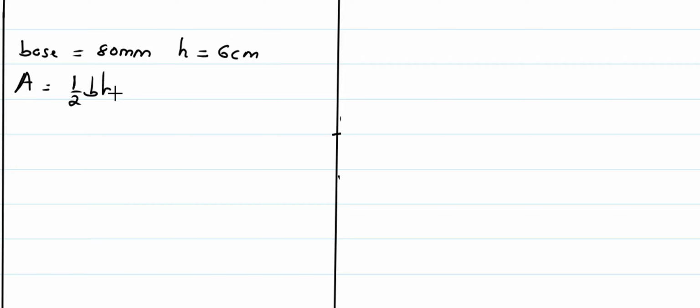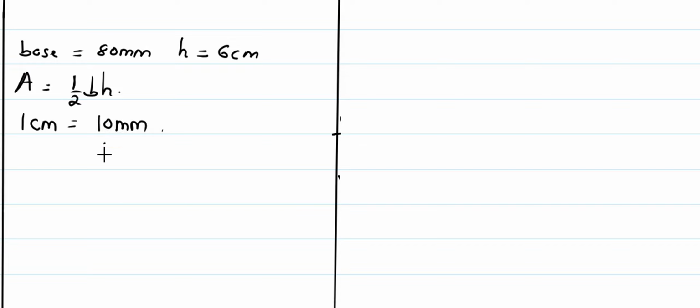base multiplied by height. But you see, the base here is in millimeters, and we need the area in centimeters squared, so we need to convert this into centimeters. To do so, we said 1 centimeter is equivalent to 10 millimeters, like that.